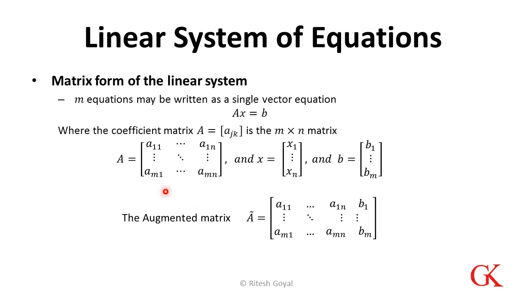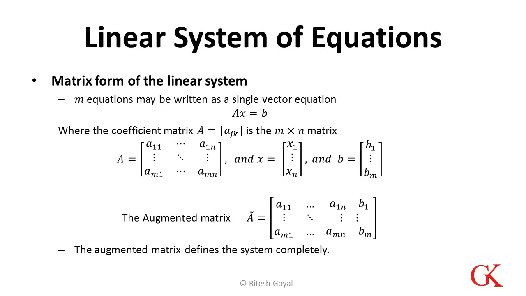So if we combine these two matrices A and b in a single matrix, where we have A as the first part and b as the second part, we call it an augmented matrix. The nice property about the augmented matrix is it has all the numbers of a linear system. It means it has the complete information about the linear system, and the solution for the linear system can be obtained from here.